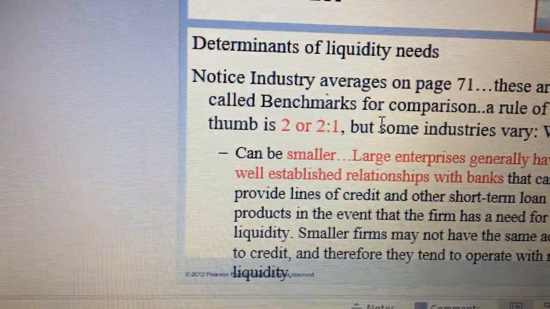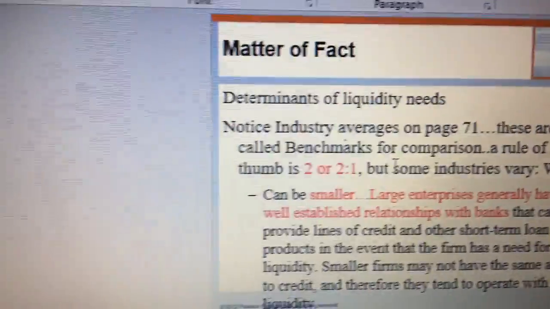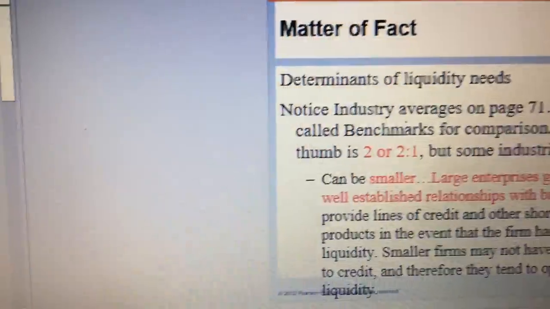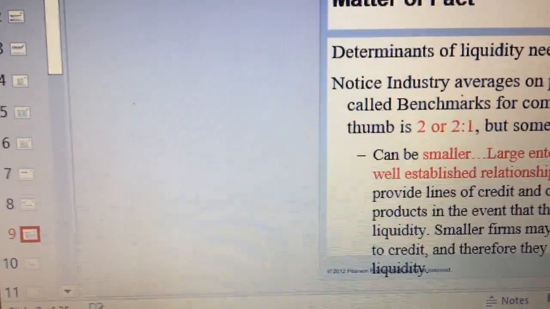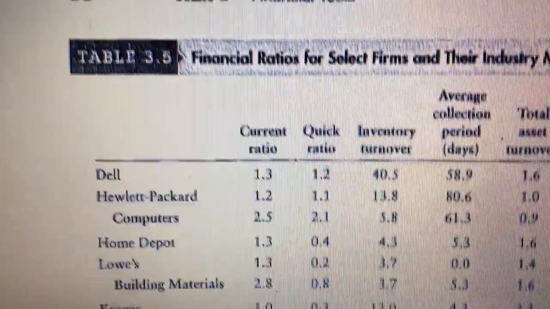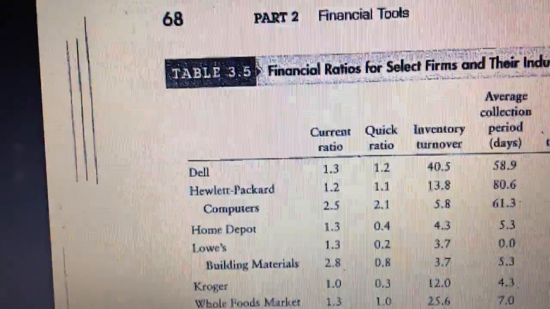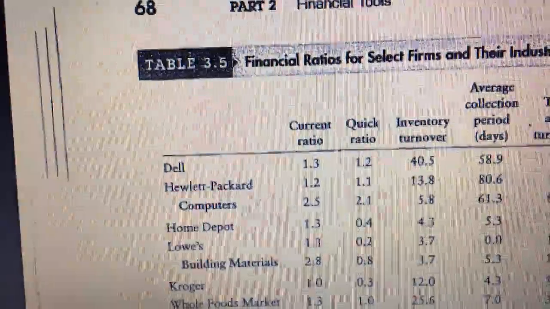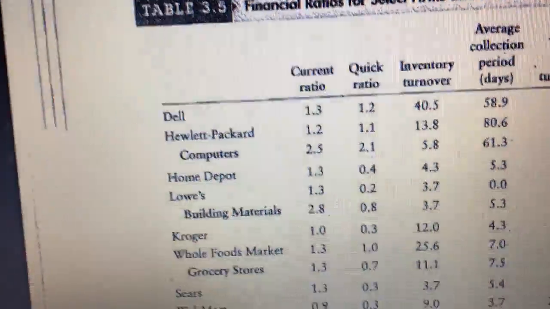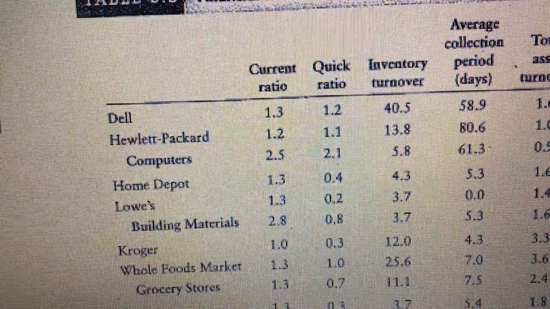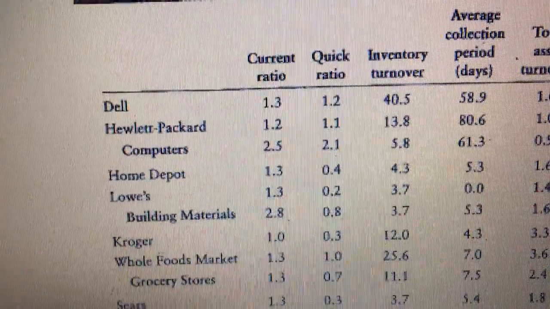If you go to your benchmark slide, let's take a look at what some of the benchmarks are. Okay, for the current ratio, Dell Computer has 1.3, Hewlett-Packard 1.2, Home Depot 1.3, Lowe's 1.3.